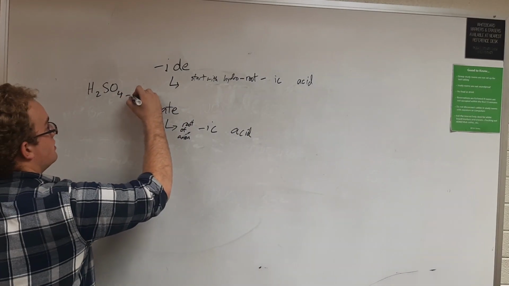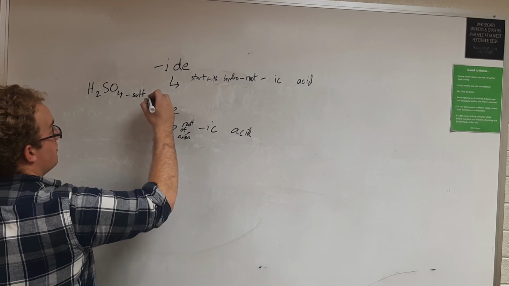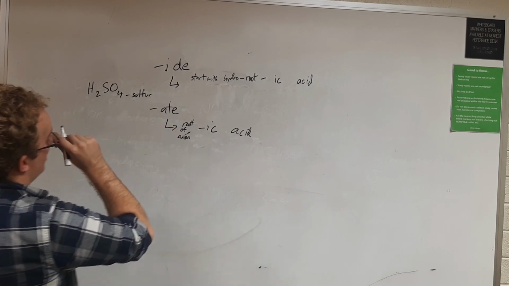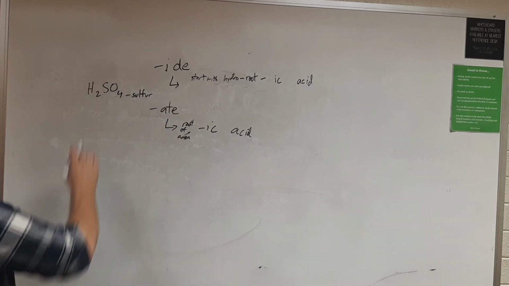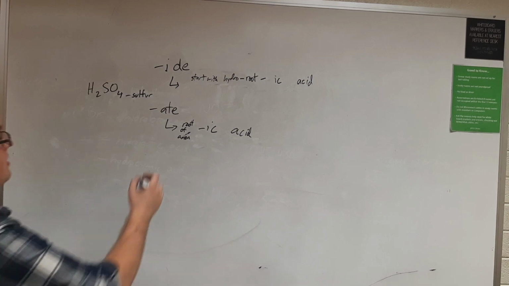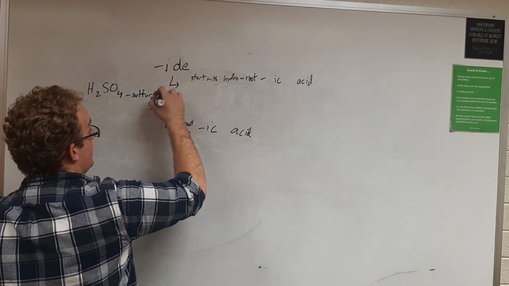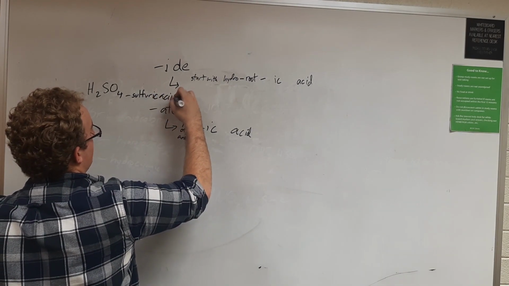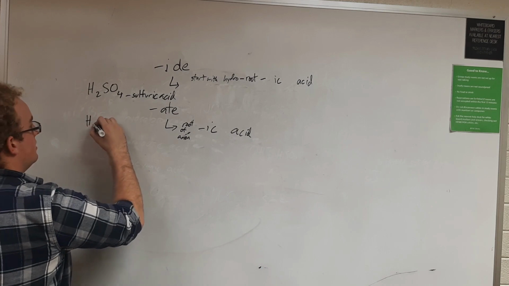Here we have sulfate. This is sulfur, because it's taking the sulf from the sulfur, and then you have an ic ending acid. This is sulfuric acid. Let's do this one.